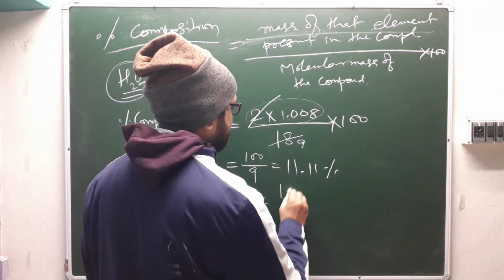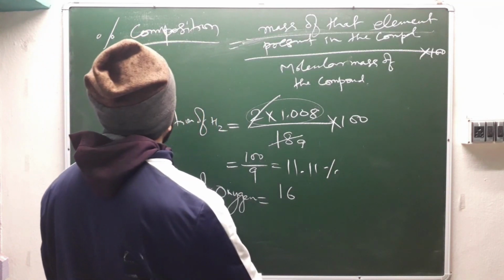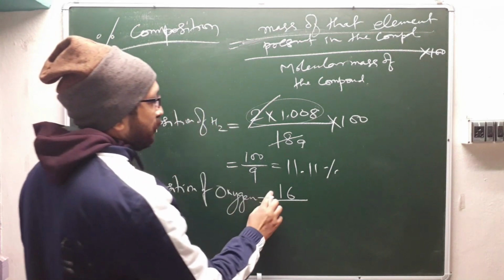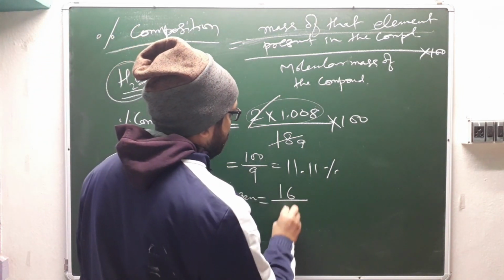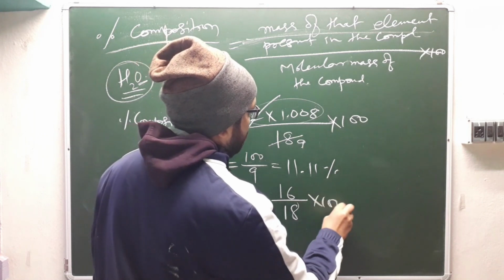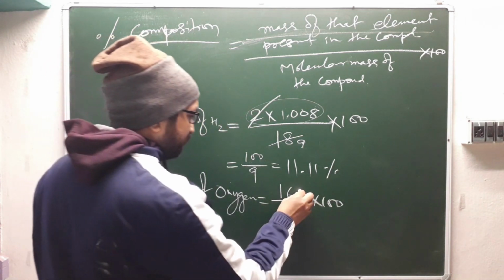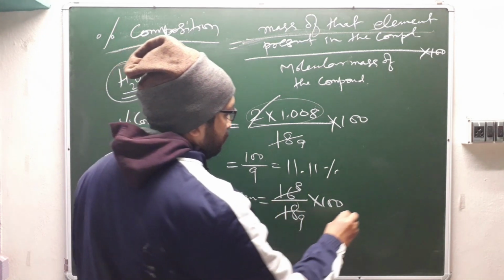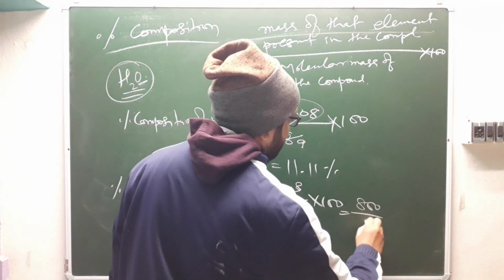So it will be 1 into 16, divided by 18, into 100, which is 800 by 9.